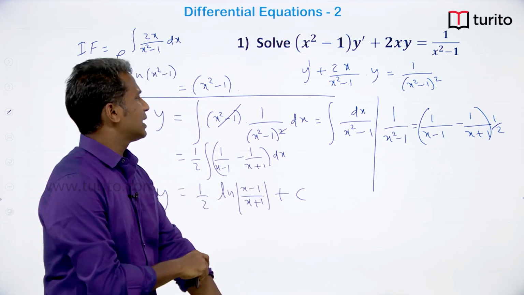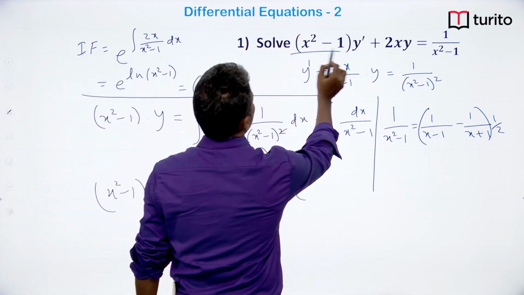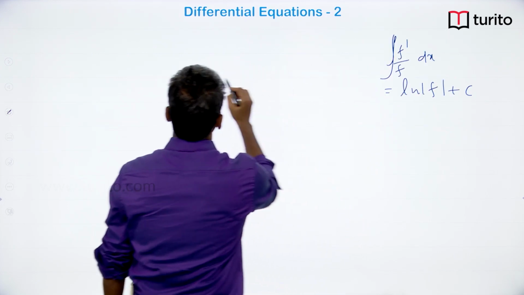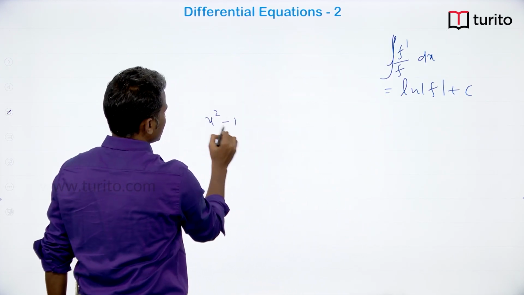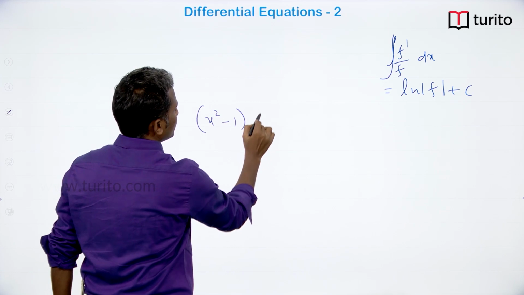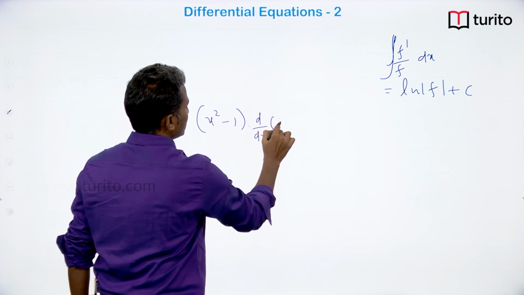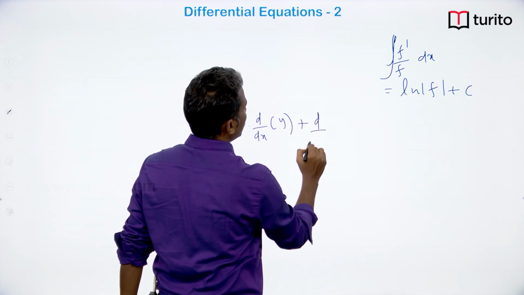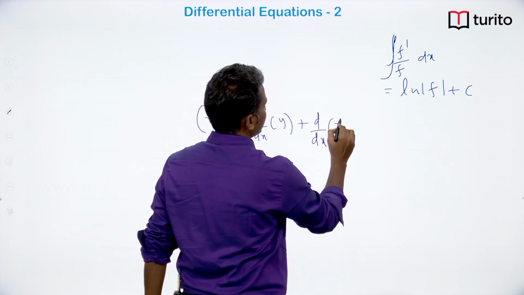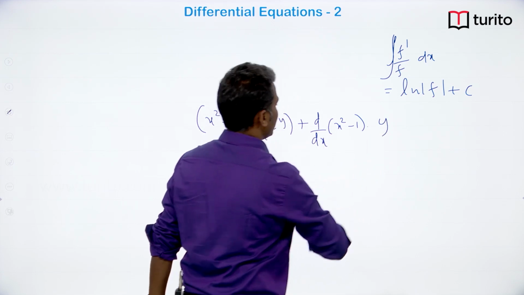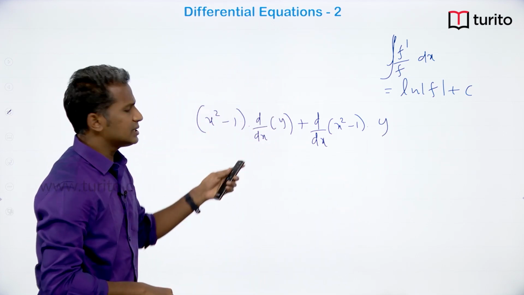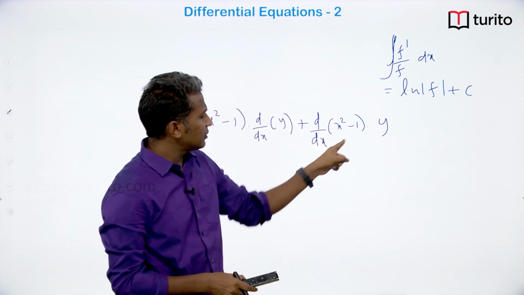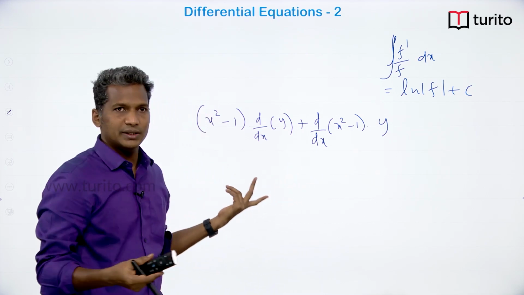But there is also another idea. If you look at these two terms directly, they look like this: x square minus 1 into d by dx of y, which is the y dash, plus d by dx of x square minus 1 into y. Aren't these the terms? Because the derivative of x square minus 1 is nothing but 2x.